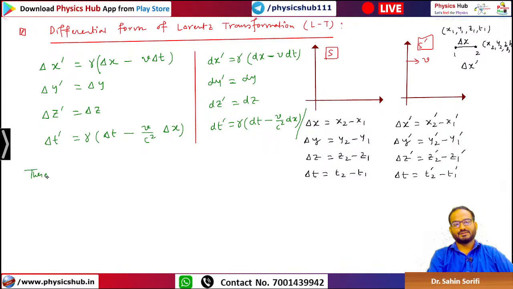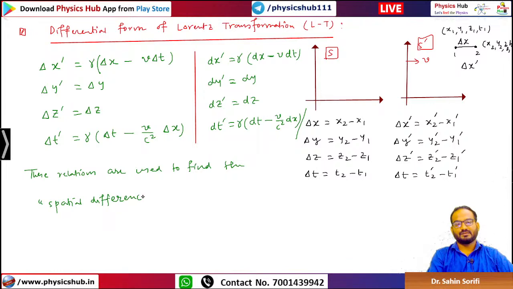So these relations are used to find the spatial difference, which means it may be delta x prime, delta y prime, delta z prime, or a spatial separation, or the time difference between two events.